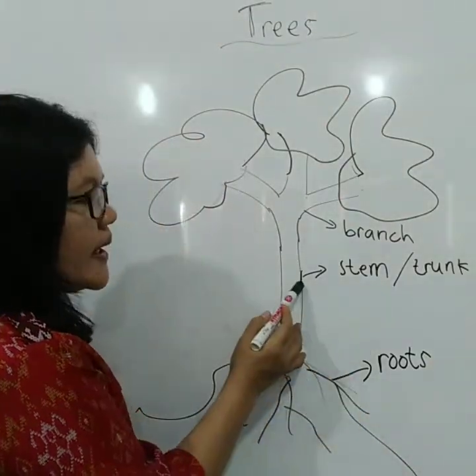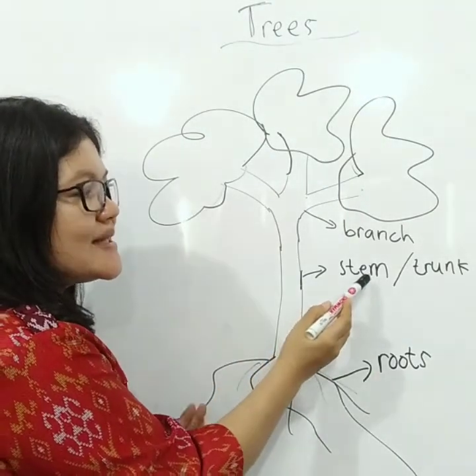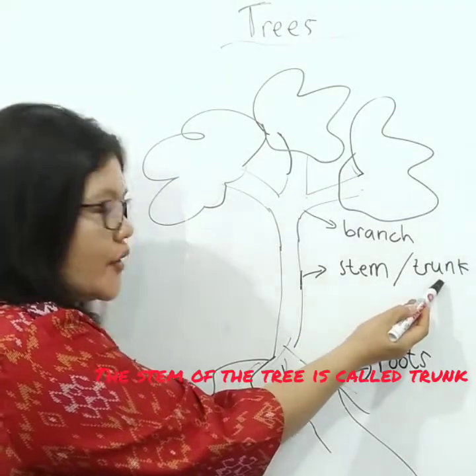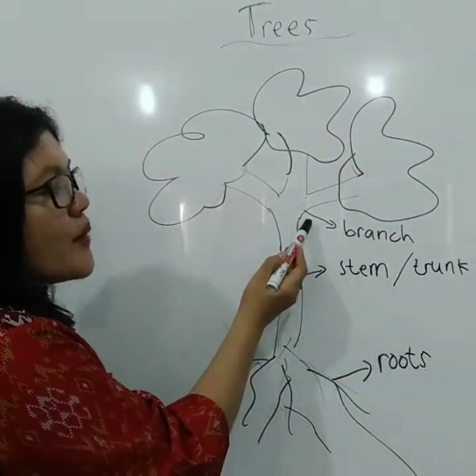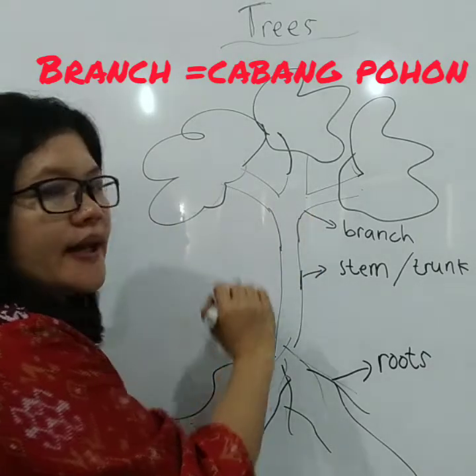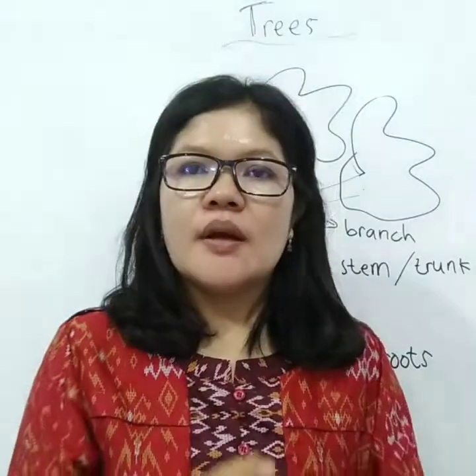The next one is the stem. You need to remember the stem of the tree is also called the trunk. And the next is the branch, or branches. Those are the main parts of the tree.